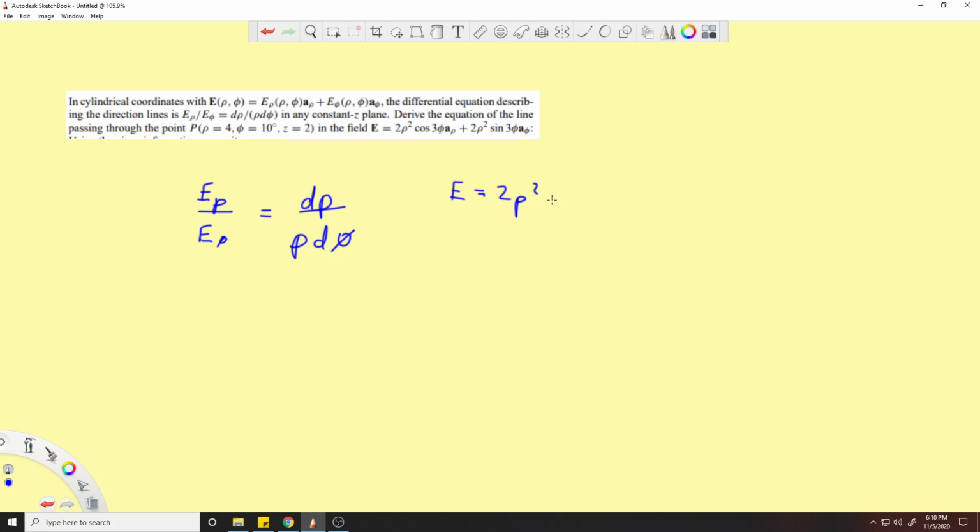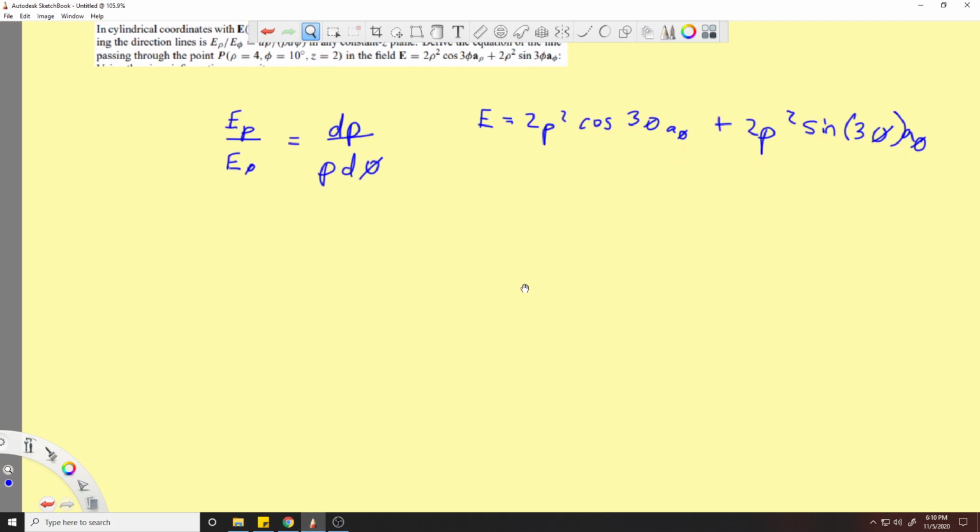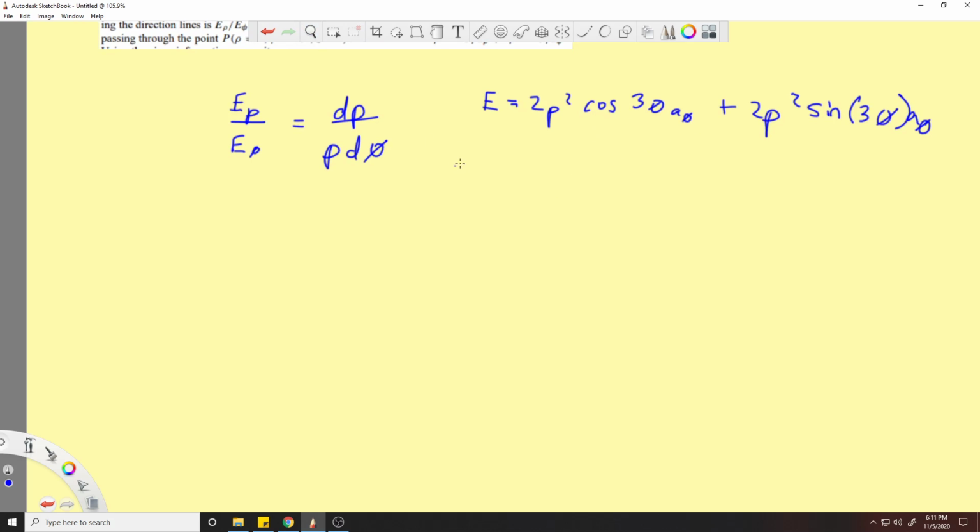So we have our electric field values here, 2 rho squared sine 3 phi a phi. Now we just plug in our components.